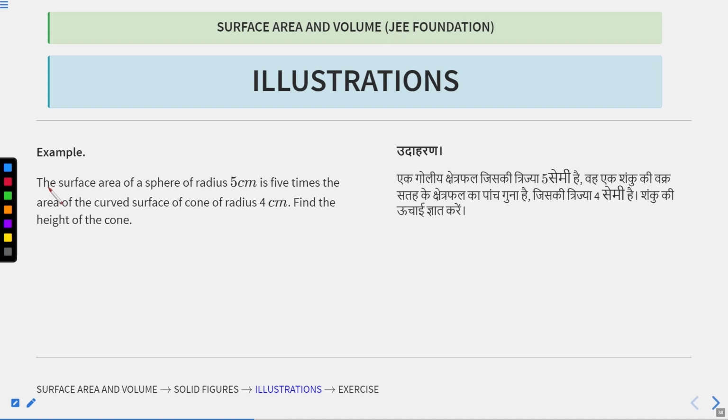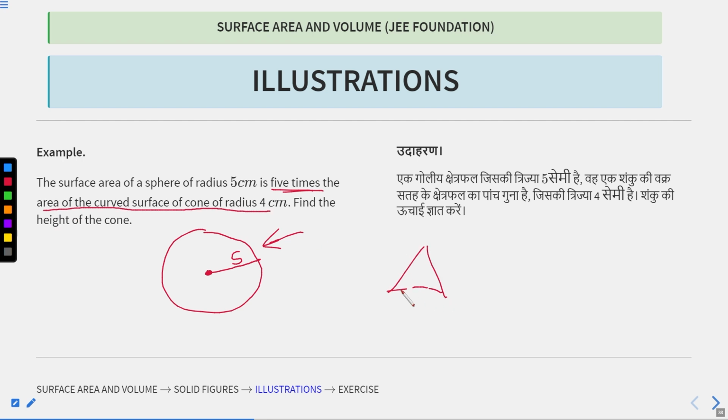Now in this example, the surface area of a sphere of radius 5 centimeter is 5 times the curved surface area of a cone. So a sphere is given with radius of 5 centimeter, and we have a cone also, and the cone radius given to us is 4 centimeter.